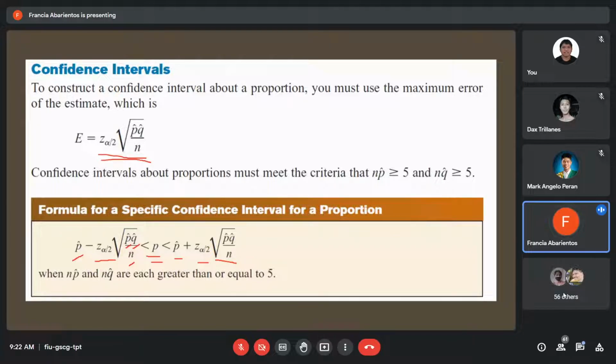Itong term na to. Okay? So, we have the confidence intervals about proportion must meet certain criteria that np, or the number of sample size times the p hat, is greater than or equal to 5, as well as the nq hat greater than or equal to 5.